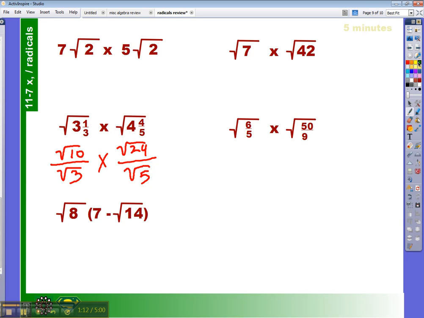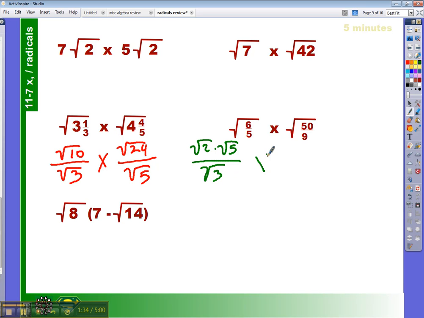So what is another way of saying the square root of 10? 2 goes into 10. 2 and 5. So we could say that we have the square root of 2 times the square root of 5 over the square root of 3, because I don't think we can reduce the 3 at all.